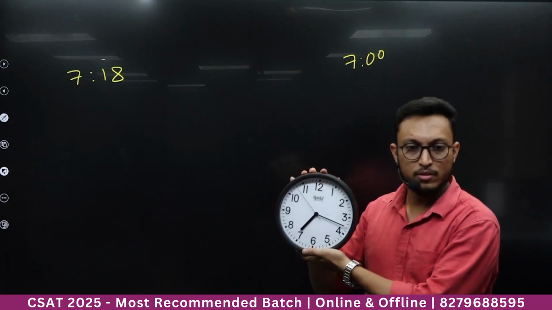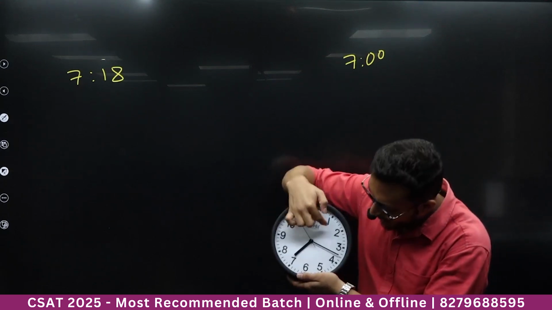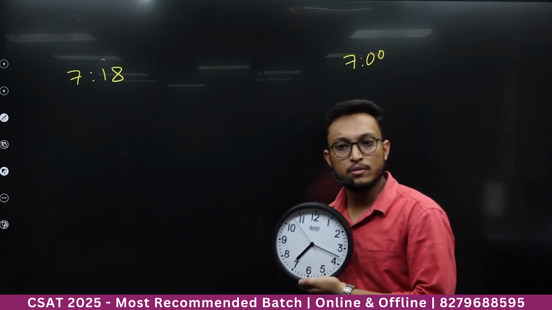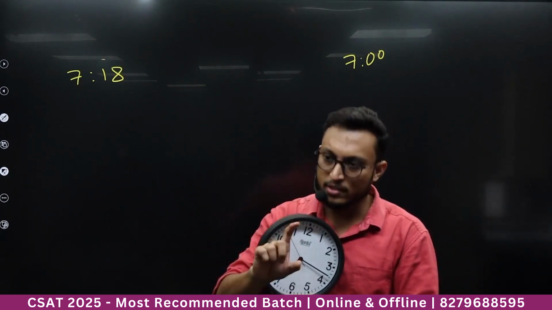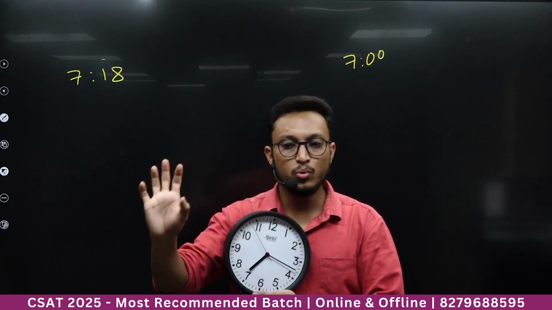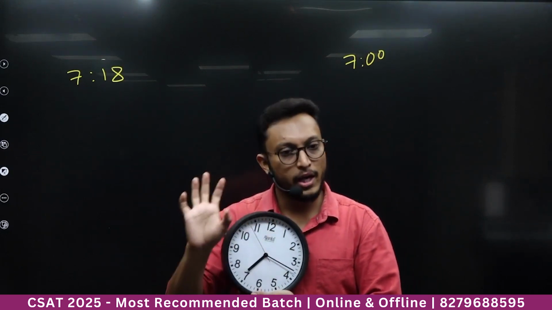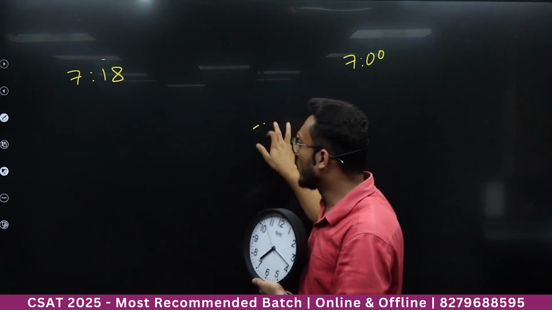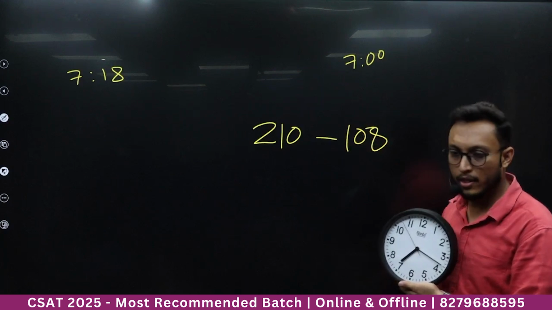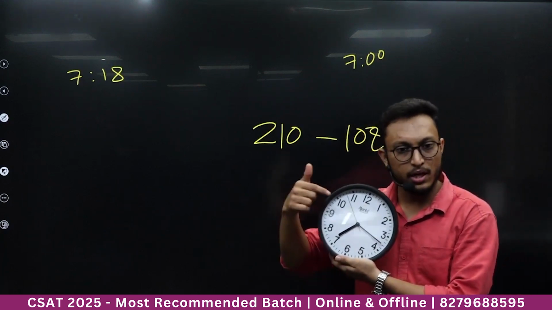So it will decrease this angle by this much amount. How much will it be? 6 degrees per minute for 18 minutes, 6 into 18, 108 degrees. So initially it was 210. It has decreased this angle by 108 degrees. Can you see how it decreased?